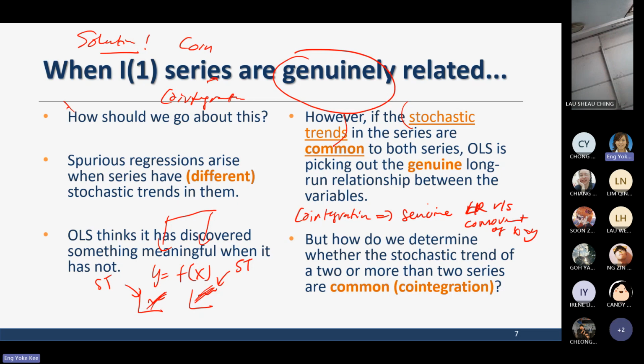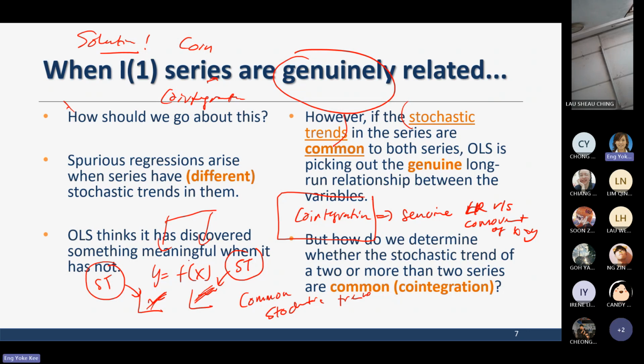So this co-integration happens if the stochastic trend in Y and the stochastic trend in X share a common stochastic trend. Both are sharing the same common pattern.